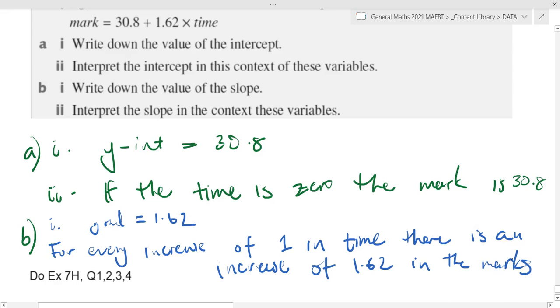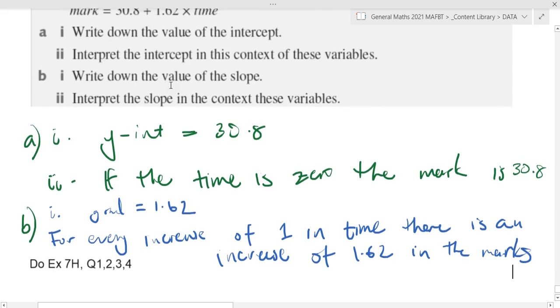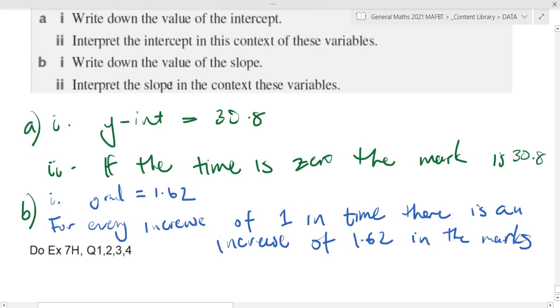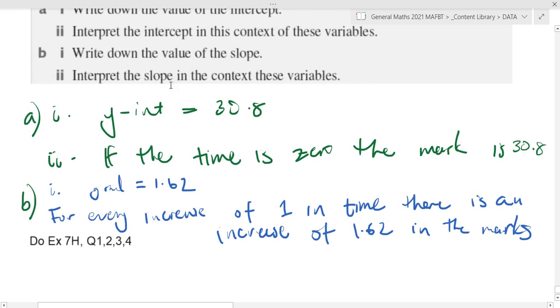So those are the two ways that we have to interpret our y-intercept and our gradient. So it's really important that you just know what the values are and then how to interpret them. That's really all we're doing for chapter 7H: interpreting those values. And you have to make sure that you actually write it out like this.